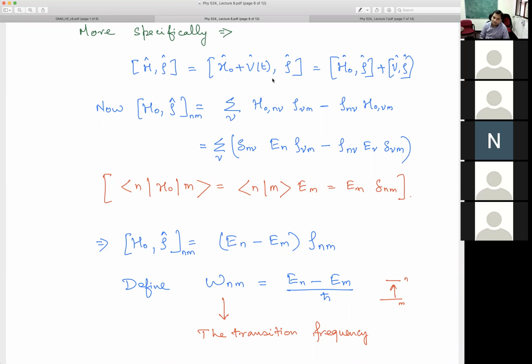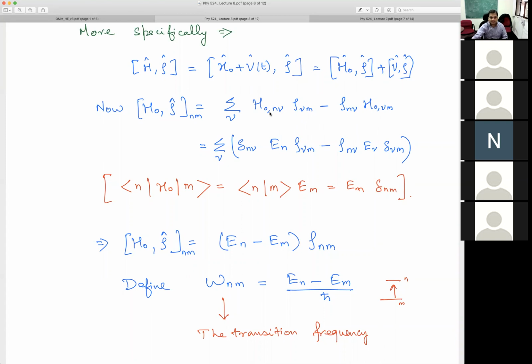And now the H naught, rho commutator is nice because H naught, I already know how it will behave in the nm basis, etc. So let me write down this expansion. The product of H naught and rho, I can write as H naught n nu rho nu m. So the nmth element, and sum over nu is implied. And the other term of the commutator, minus rho H naught, will become rho n nu H naught nu m. So remember this is nm. So nu is the middle index, a dummy, which is summed over, etc. Okay.